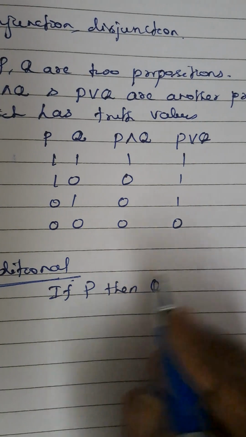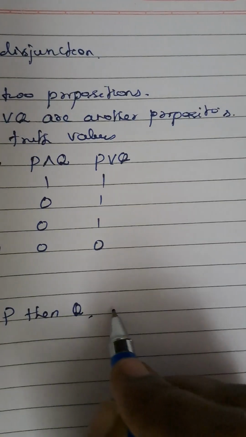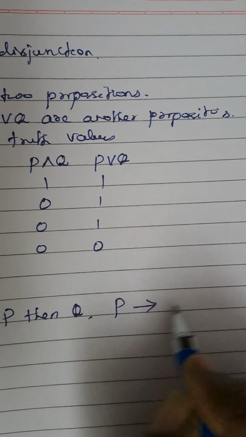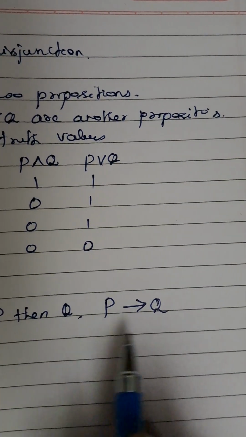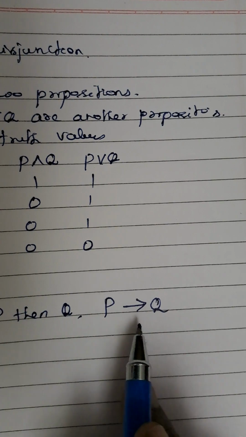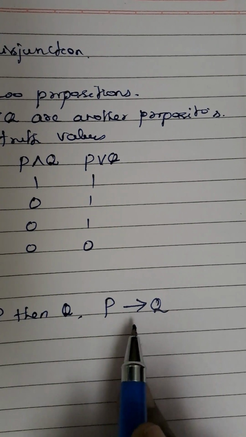This is related with the notation P single arrow Q. We can read this as if P then Q, or colloquially, P implies Q.